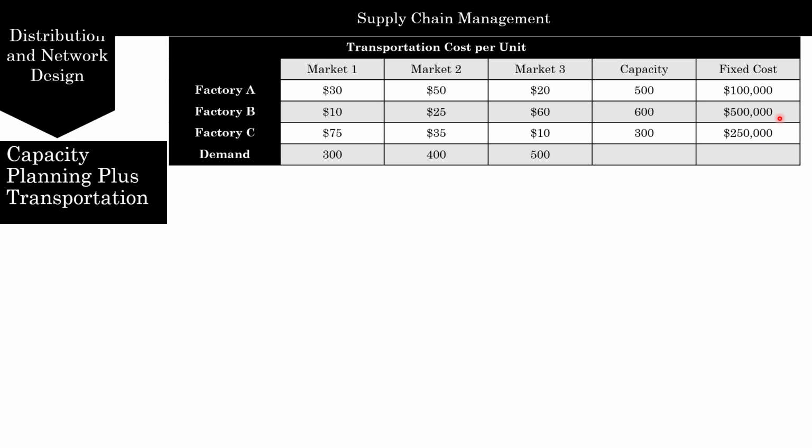This fixed cost could be for building a particular factory. Of course, building a factory for $100,000 is really cheap. This is just an example problem, like I said, a toy problem.